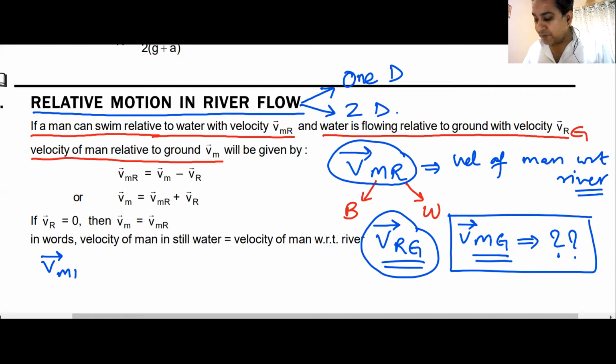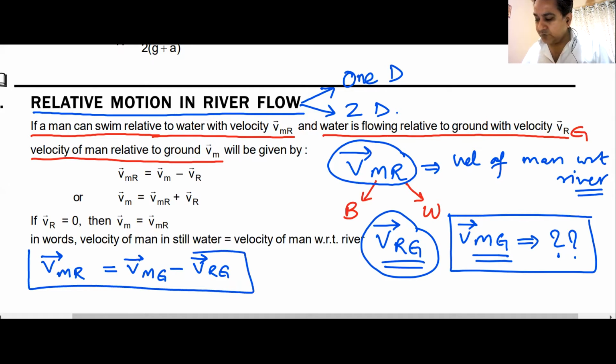Velocity of man with respect to river will be equal to velocity of man with respect to ground minus velocity of river with respect to ground. Do we know this equation or is this something new?